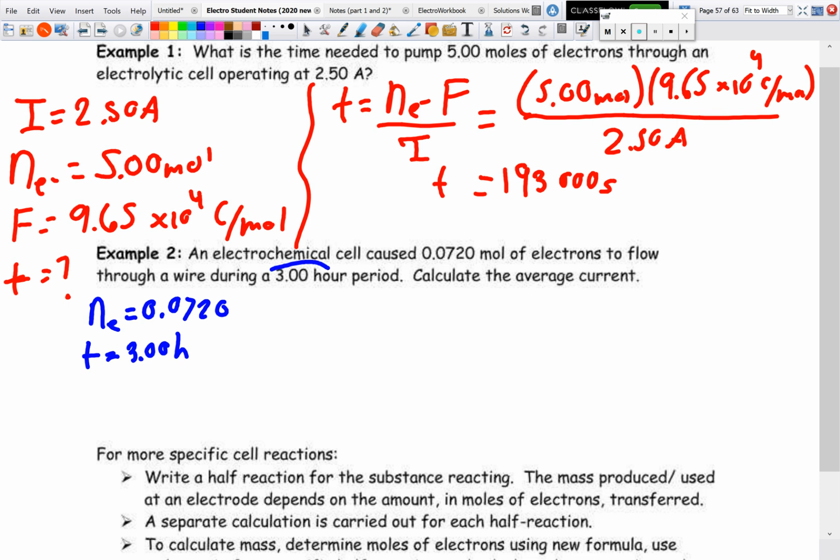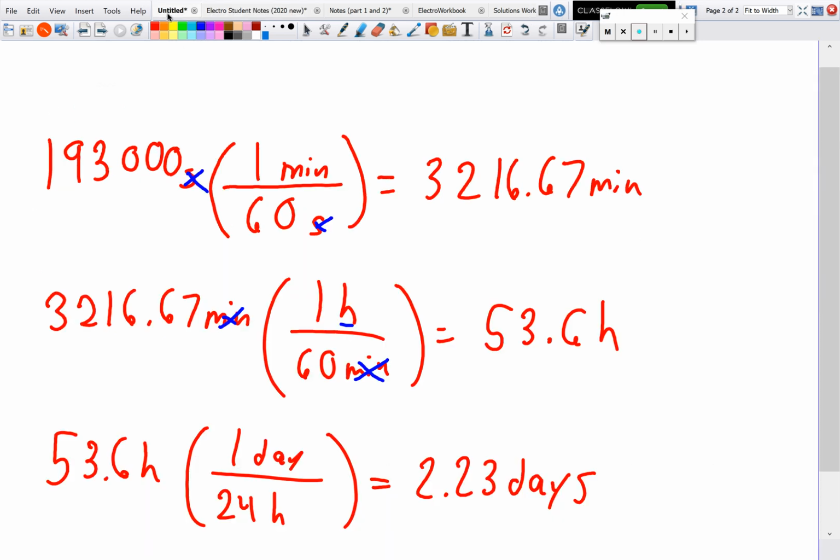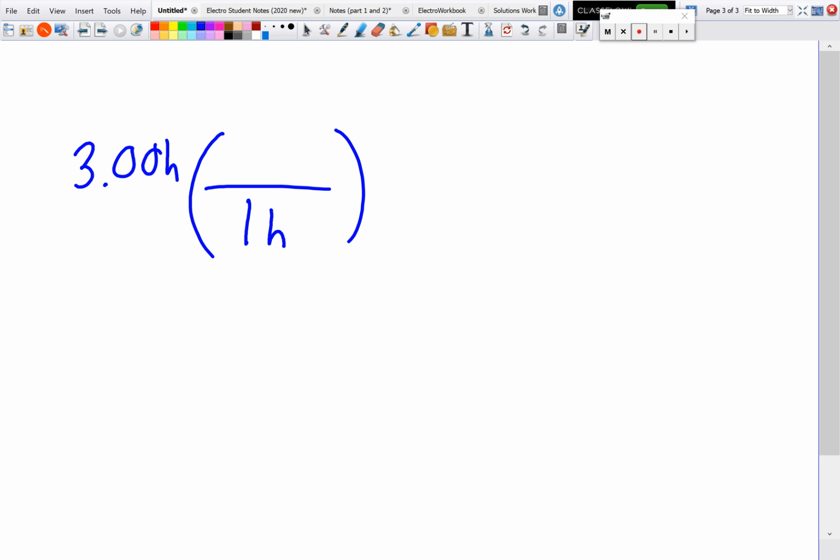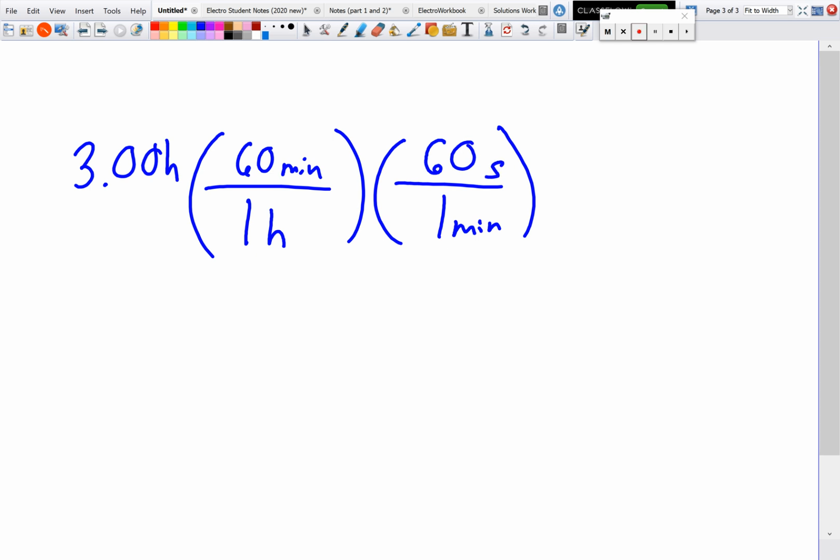Now right away this is going to be an issue. We have to convert this into seconds. So we do our conversion factors again if you want. Right, so if we have 3.00 hours and we need to get this into seconds, we know in every 1 hour there is 60 minutes, and to get rid of that minutes, in every 1 minute there is 60 seconds.